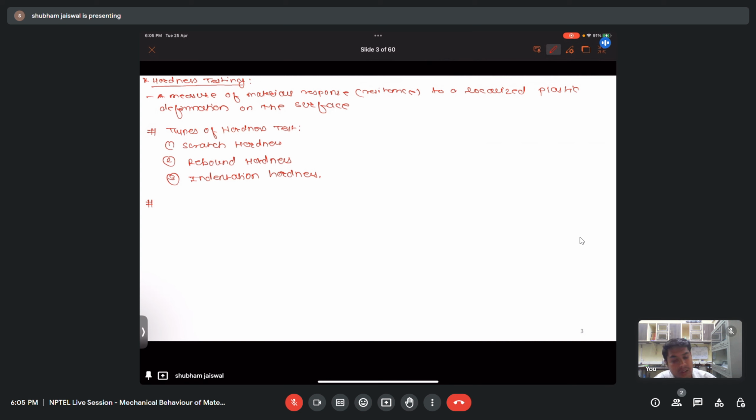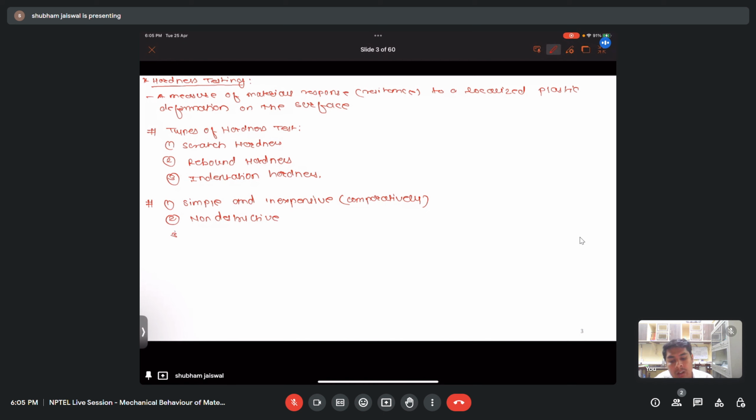And we have discussed what the features of hardness testing are. One is it is simple and comparatively inexpensive. The second one, it is non-destructive.